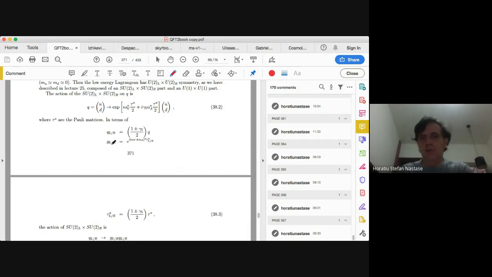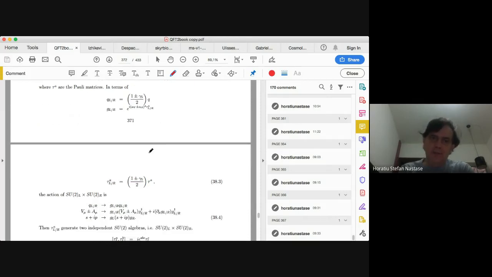So the group G left or right for SU2 left or right is exponent i (alpha V plus minus alpha A) tau A left over 2, where tau A left over 2 is this (1 plus minus gamma 5) over 2 tau A. Okay. So tau A with the chiral projector (1 plus minus gamma 5) over 2.